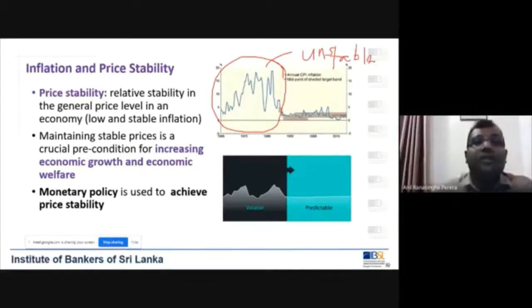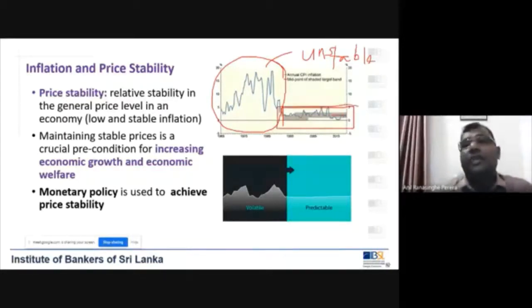Price stability is one of the major objectives of central banks in the modern world. Major in the sense that it is the key objective of modern central banks. What do you mean by that? Relative stability in the general price level in an economy, which means low and stable inflation. In this chart, this part, if you look at, inflation is low, it's less than 5% and stable.